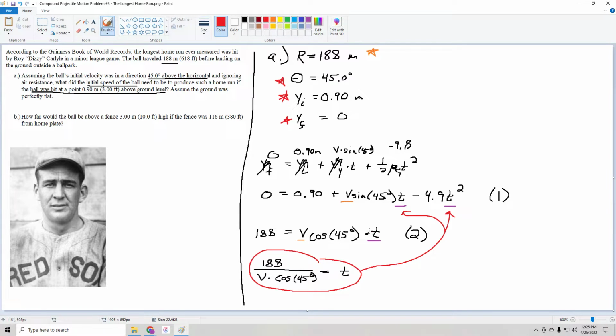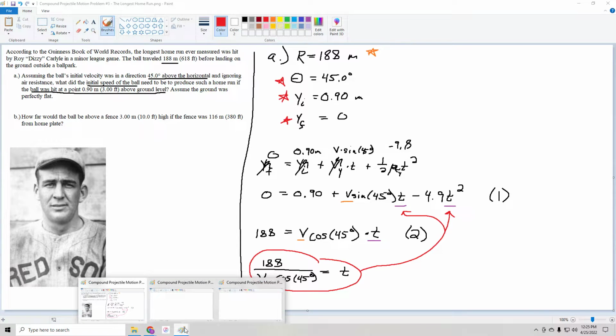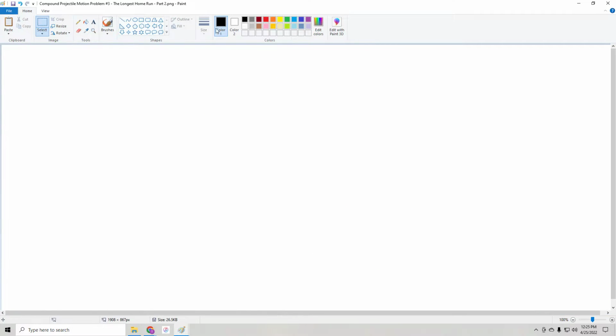And since I'm running out of room here, I'm going to move this to a fresh page. And what does it look like when we enter that in? Well, we have 0 is equal to 0.9 plus v times the sine of 45 degrees.